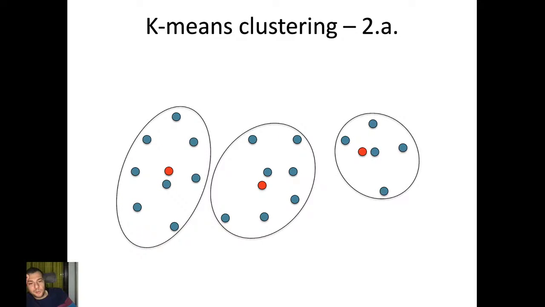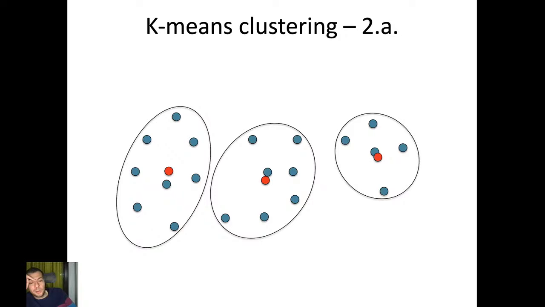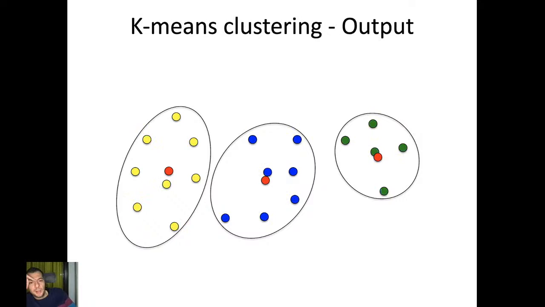So when it converges, in this case we have these cluster centroids. We compute the centroids once again. We eliminate the clusters, then we recompute the assignments. And when we observe that the assignments do not change from the previous iteration, it means that the algorithm has converged, and these are the final clusters.